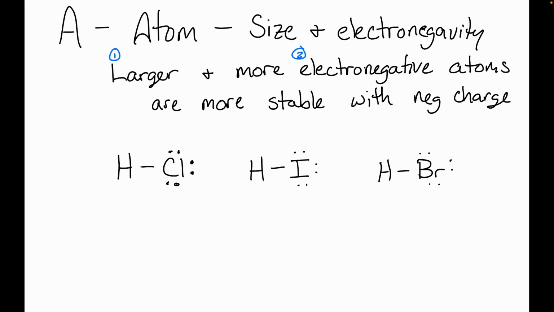All right, but if I want to rank them from the weakest to the strongest, I'm going to look at my periodic table and know that there's a big difference between the size of these atoms. Right? So first of all, again, we're really talking about our conjugate base. And really what we are asking ourselves is which one of these ions is the most stable?